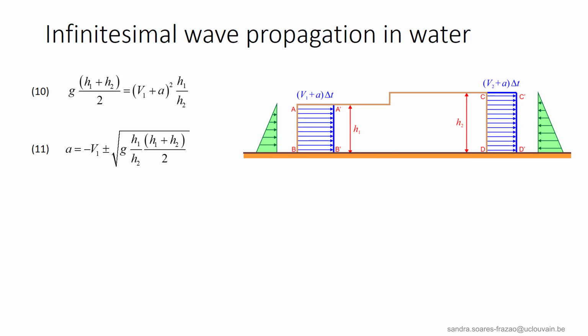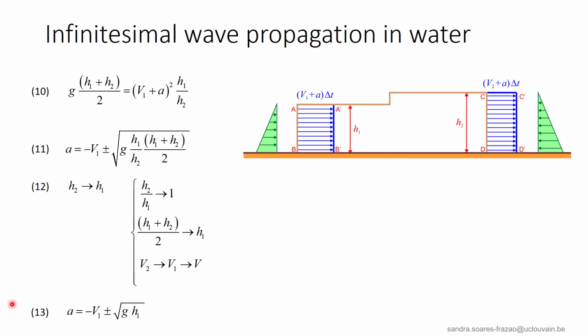From equation 10, we can express the propagation speed of the wave. If we now consider an infinitesimal wave, H2 is very close to H1, so that we can simplify different terms and we can write equation 11 as follows here.